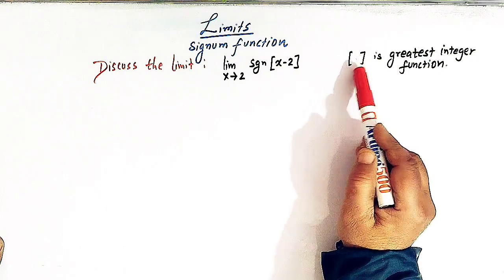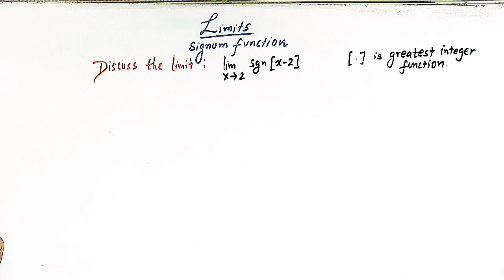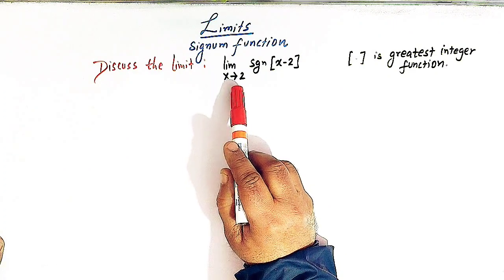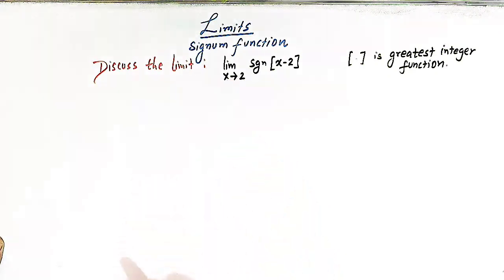Here the square brackets denote the greatest integer function. We have to see whether the limit of this function when x approaches 2 exists or not, right? For this, we will find out the right hand limit and the left hand limit. So let us start.